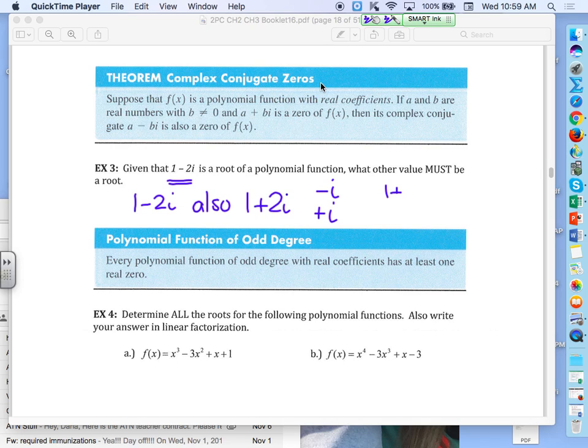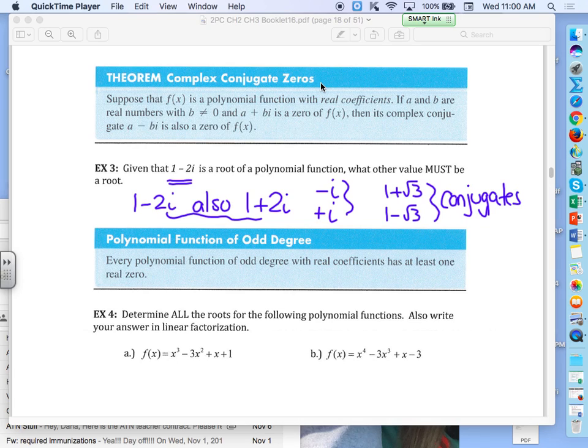So if I had 1 plus root 3 as a root, 1 minus root 3 would also be a root. These are all called conjugates, and they all come in pairs like that. So this is a pair. For the conjugate, you just change the symbol in between the two terms. Nothing else gets changed. So 1 minus 2i, you just change the minus to a plus, and that's the conjugate for it.